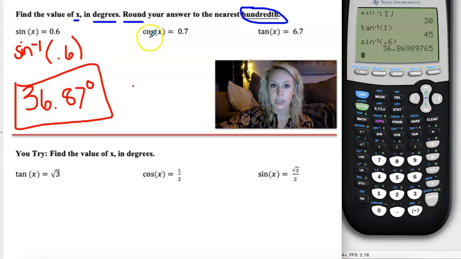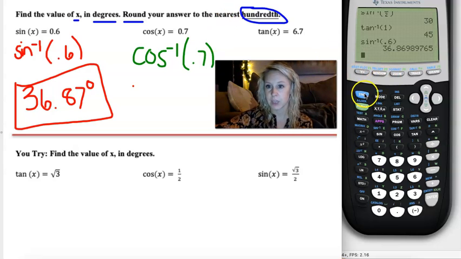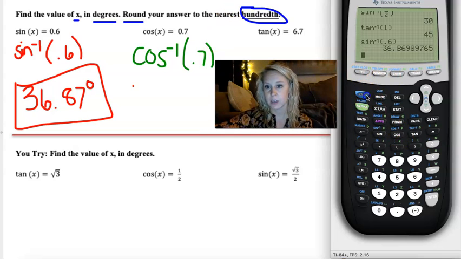Opposite of cosine would be cosine -1, and then type the number 0.7. Okay, so let's type that in. Second cosine 0.7, close it, enter.